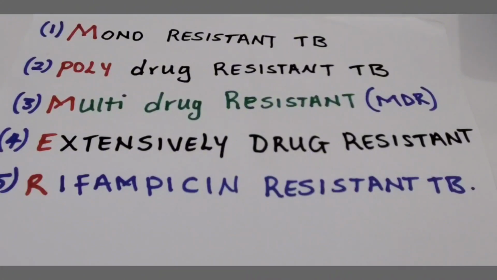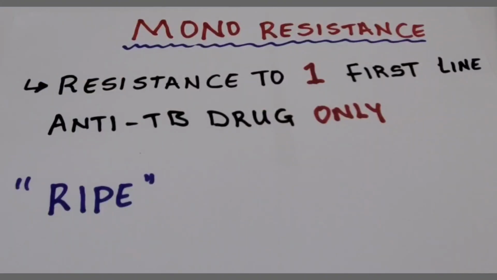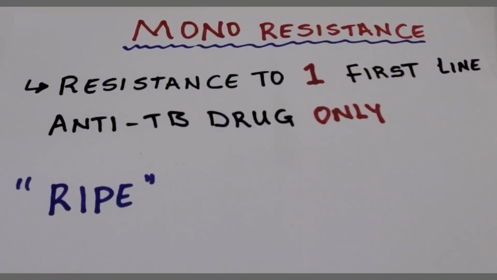So we are going to explain each and every class of drug-resistant TB. Let's start with monoresistant TB. From the word mono, we know mono means 1. So monoresistant TB is a situation wherein there is resistance to only one first-line anti-tubercular drug.